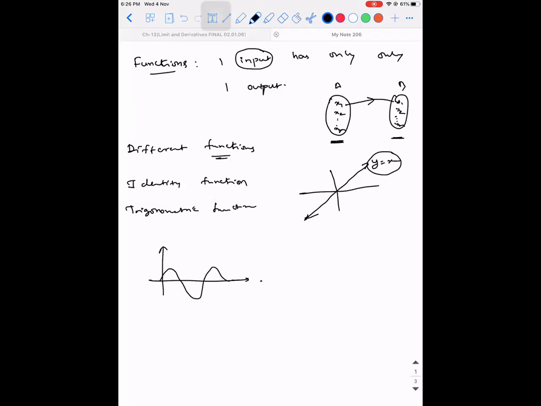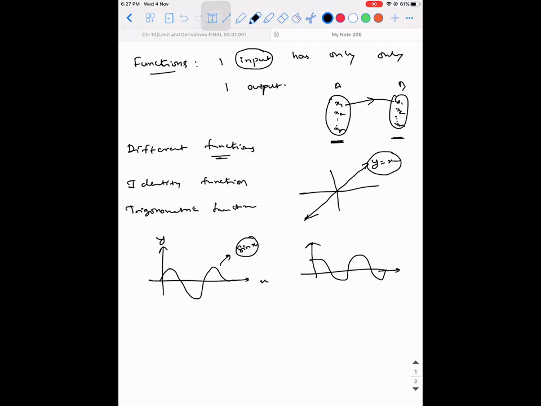Similarly, trigonometric function: if I see a graph like this, by looking at it, what type of trigonometric function is this? This is sin x. If I draw a graph like this, what function is this?